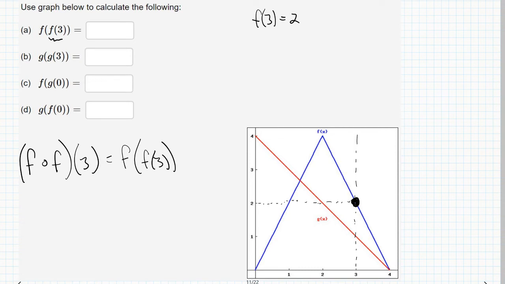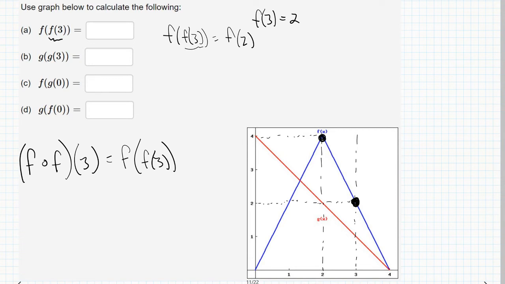Okay, so that means we can replace f of 3 with f of 2. We just replace that whole inside with 2. Okay, so now we need to figure out f of 2. Well, that means we need to go where x equals 2 and figure out the y value there.